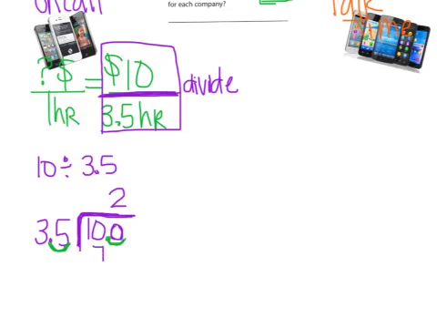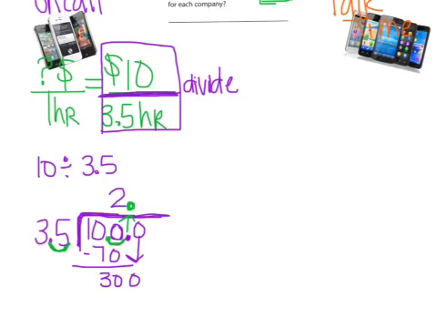2 times 35 is 70. If I subtract that, I get 30. I didn't get a 0 remainder, so I'm going to put in my decimal, add a 0, and keep dividing. Before I do anything else, I am going to move this decimal up into my answer. Now I'm going to try and divide 35 into 300.